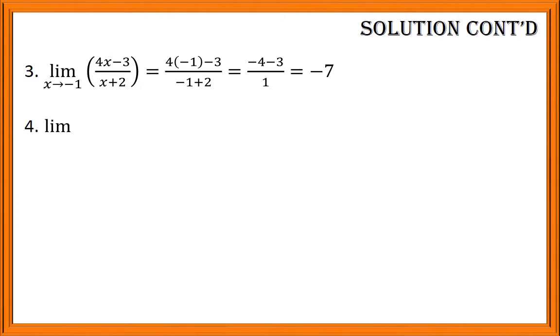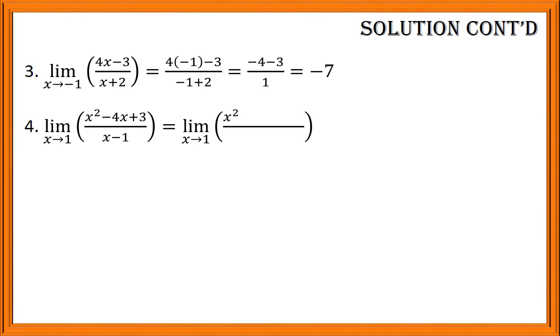Let's look at example 4. We have the limit of x squared minus 4x plus 3 all over x minus 1 as x approaches +1. When we substitute x equal to +1, into the denominator we'll have 1 minus 1, which will be equal to 0.